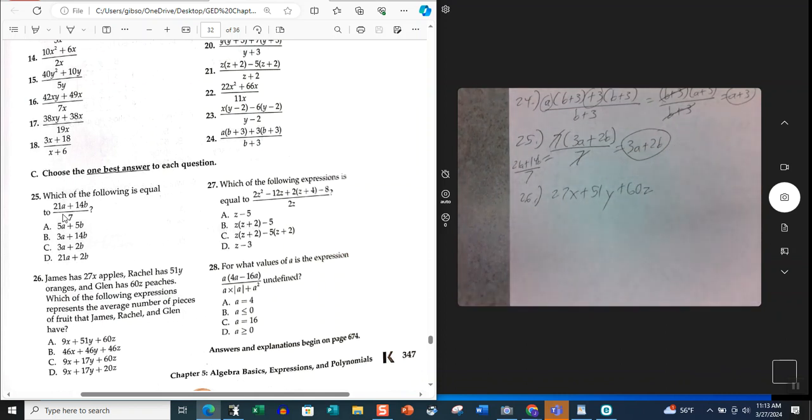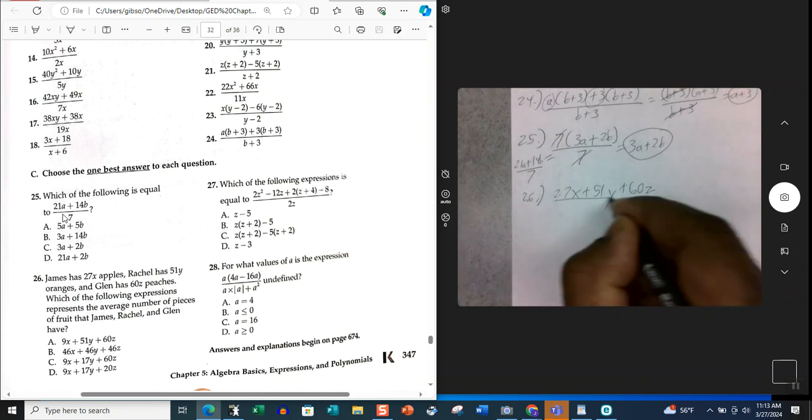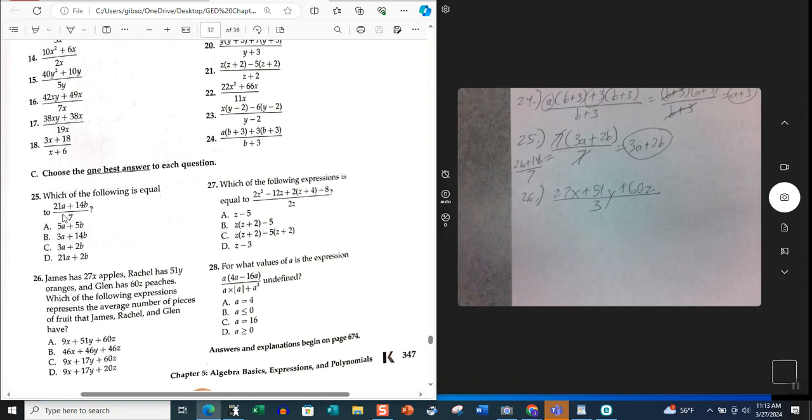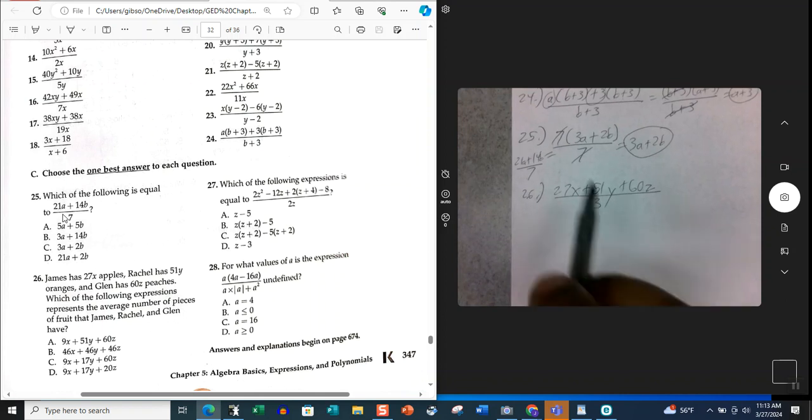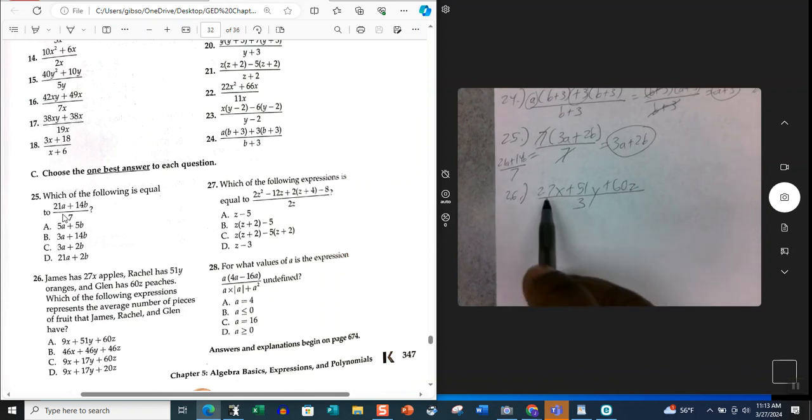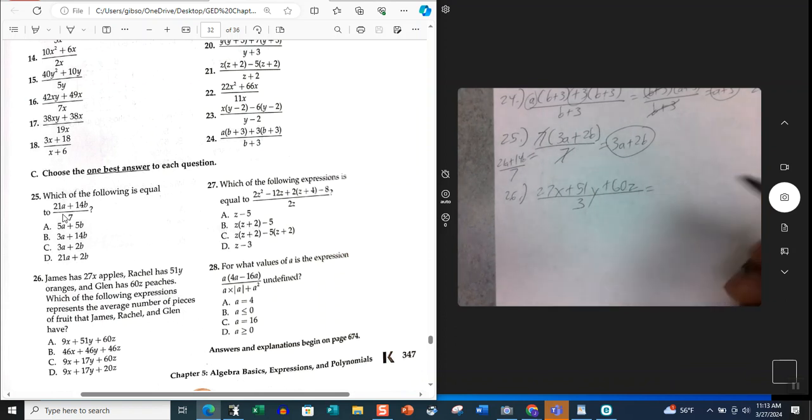Now remember, I told you with average, you add up the values and then divide by how many values you have. So it's 3 values we have. 27, 51, and 60. We're not worried about the variables because none of the variables are the same. So 27, 51, and 60 all have 3 in common.